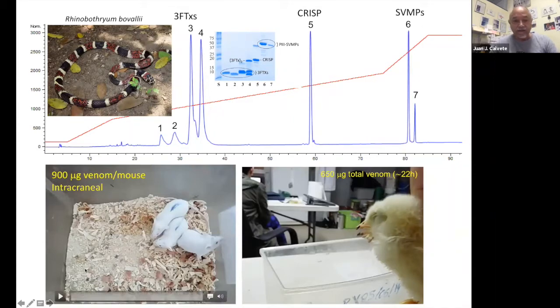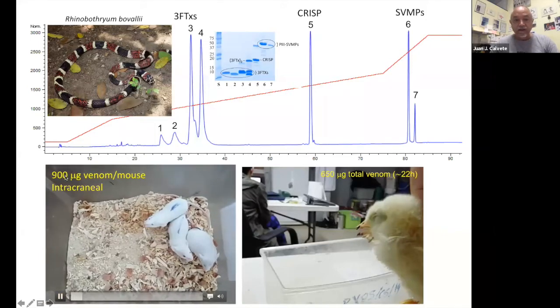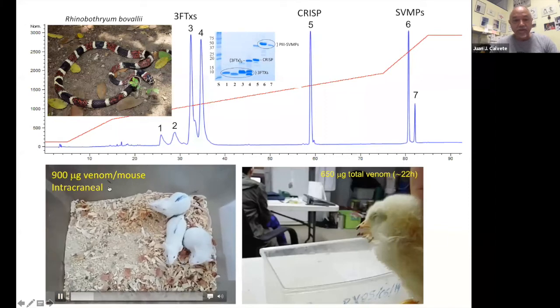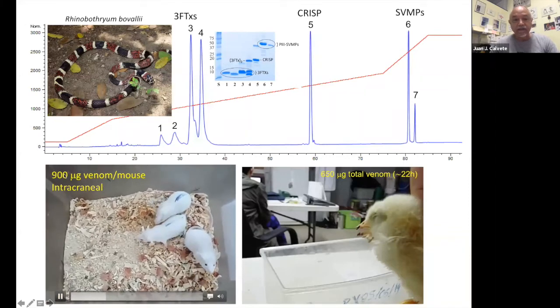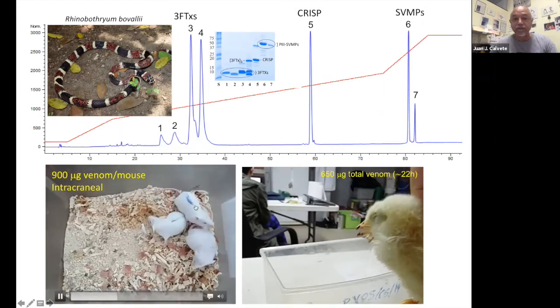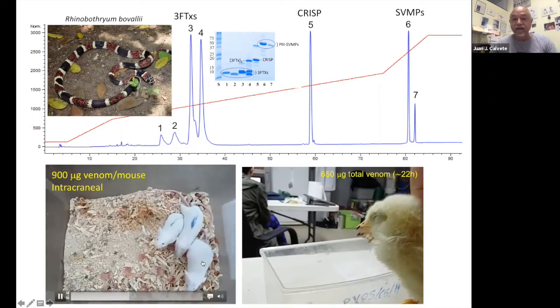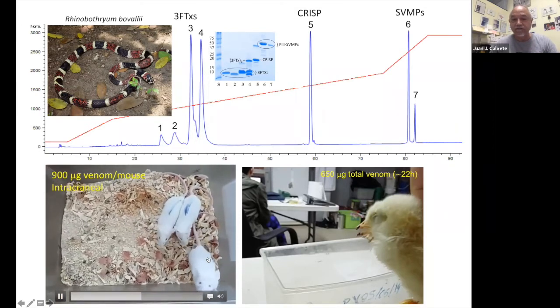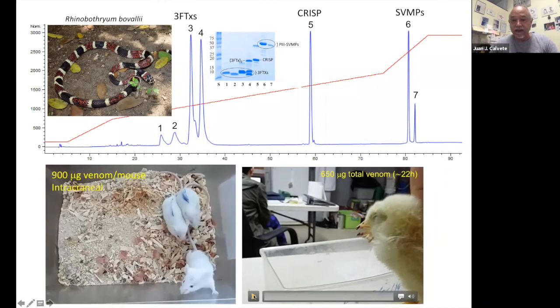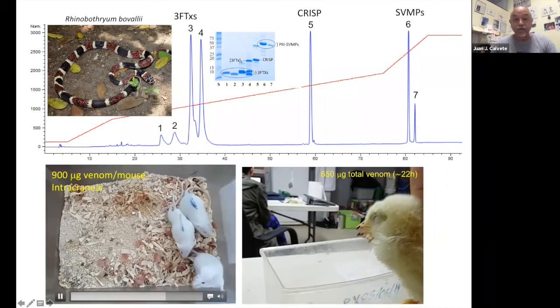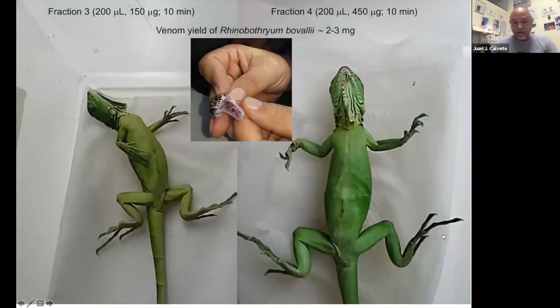This venom is absolutely non-lethal for mice. You see here the animals were injected intracranially with 900 micrograms of venom per mouse, and they are still as happy as if they had not received any dose. And this is 2.5 hours later.